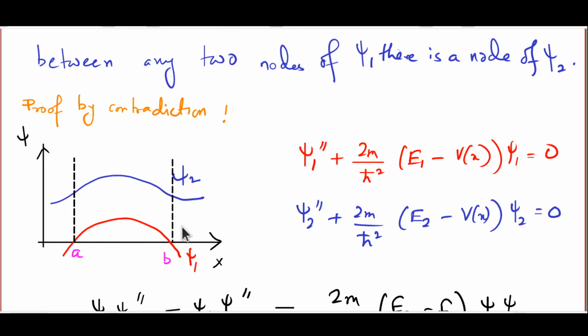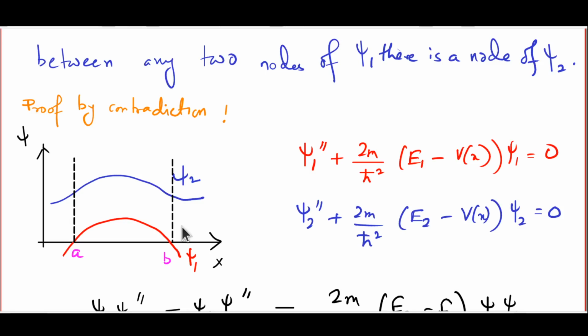Or if instead of being positive throughout the interval between A to B, which we have assumed and which we are going to contradict, if we had assumed that psi2 is negative throughout in that interval. As it should be pretty easy for you to verify, the final conclusion, that is that this will lead to a contradiction, will be there no matter which one of the assumptions you make.